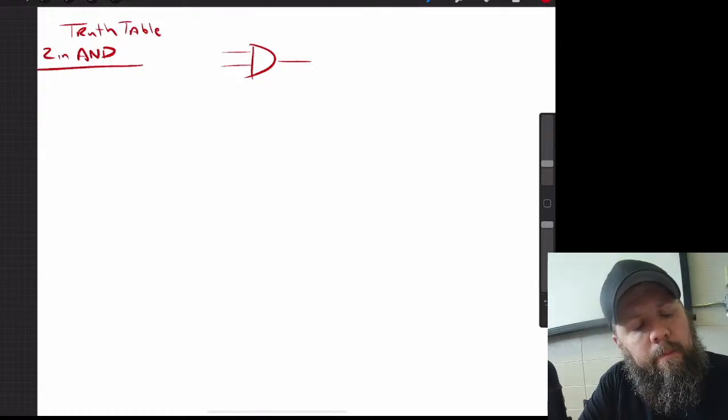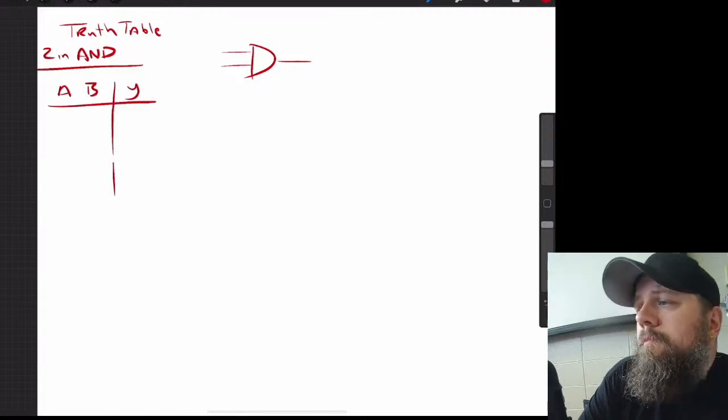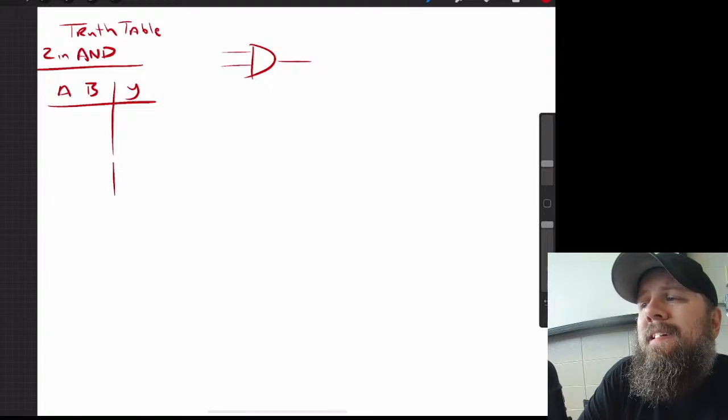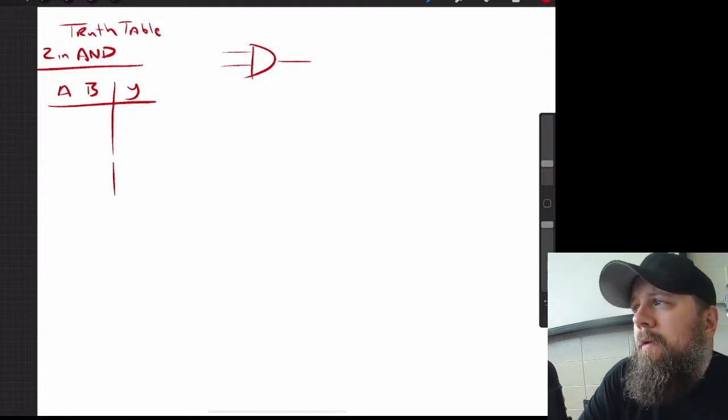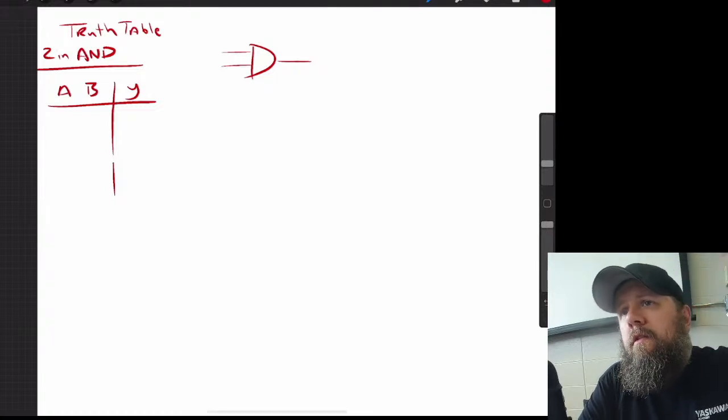If we've got two inputs, let's just put random variables there, A, B, and traditionally we'll do a Y for an output. How many combinations of two things do we have if they can be on and off? It's 4, so it's 2 to the 2.